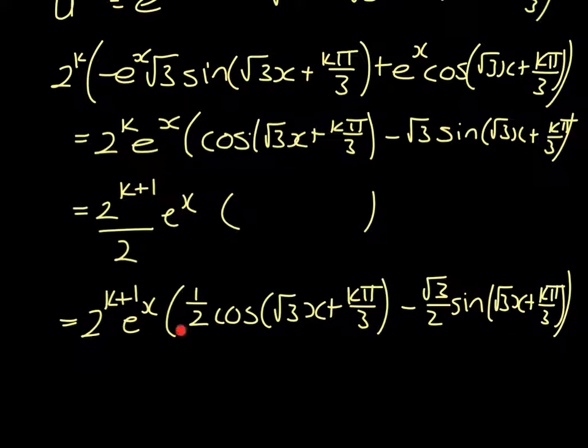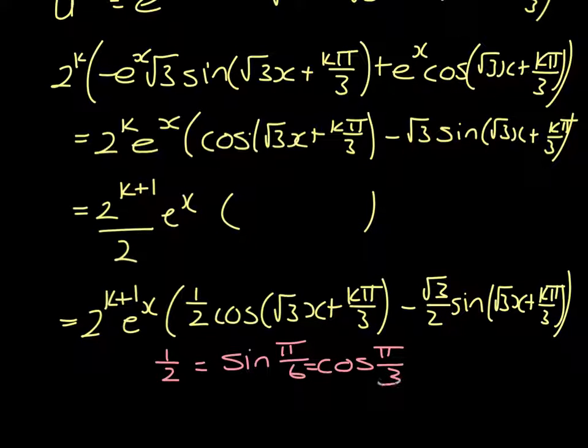The next section focuses on the half and the root 3 over 2. We know that half is either the sine of pi over 6 or the cos of pi over 3.